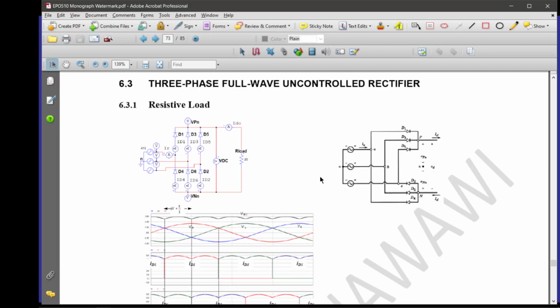Once you understand the operation, then you can clearly see, oh okay, now you start with D5, and then it's transferred to D1, and it's transferred to D3 for the top group, and the bottom group starts with D6, isn't it? Start with D6, and then it's transferred to D2, D4. So your mind should visualize all this movement, all this commutation current operation.